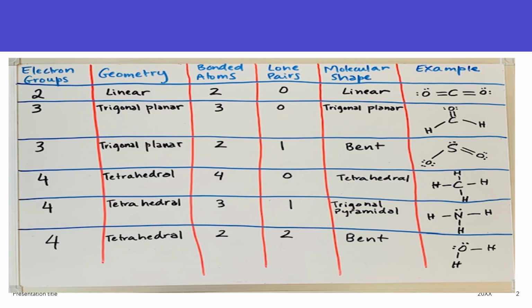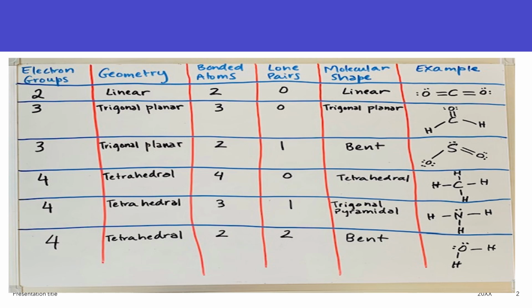If we look at water, H2O, we see that there are four electron groups around oxygen, right? Two single bonds and two lone pairs. Okay, so how many atoms are bonded to the central atom? Two atoms, and there are two lone pairs.